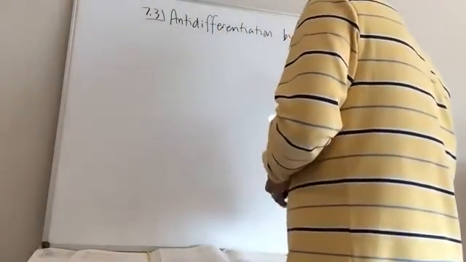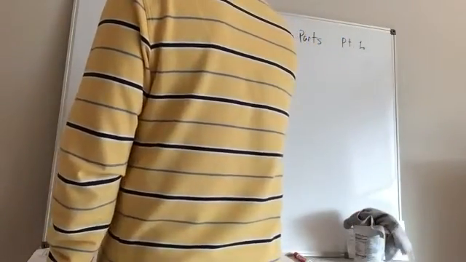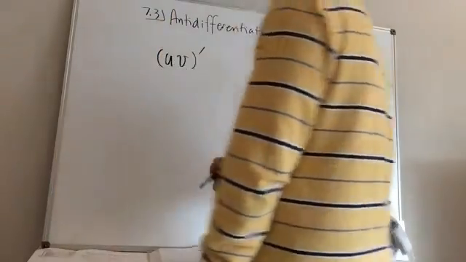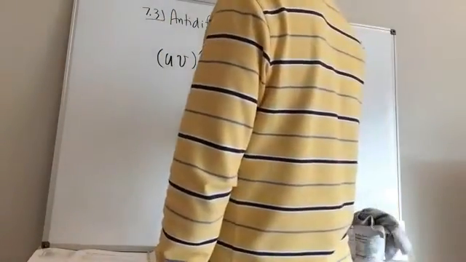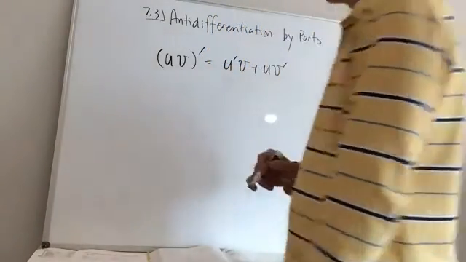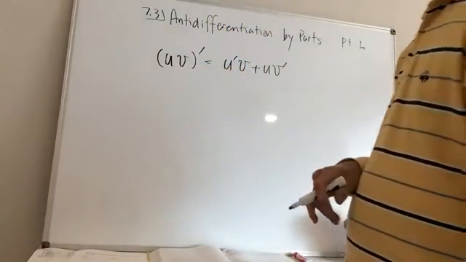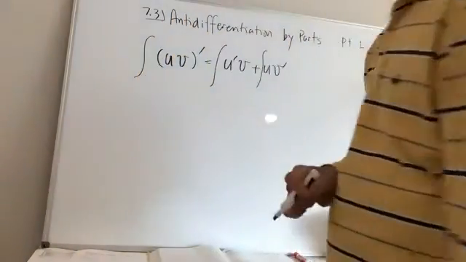So, product rule and integral form. We're going to say that anti-differentiation by parts starts from this, UV, the product rule. When I take the differentiation of this, I get U prime V plus UV prime, correct? I'm going to go ahead and take the derivative. Now I'm going to take the integral of everything.